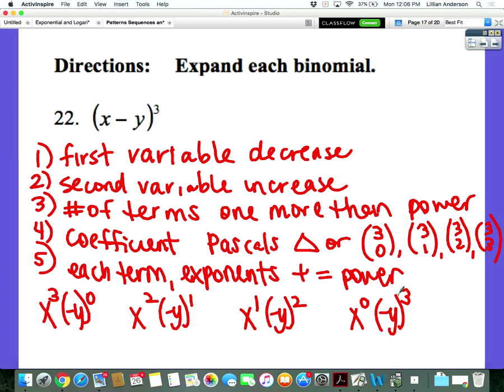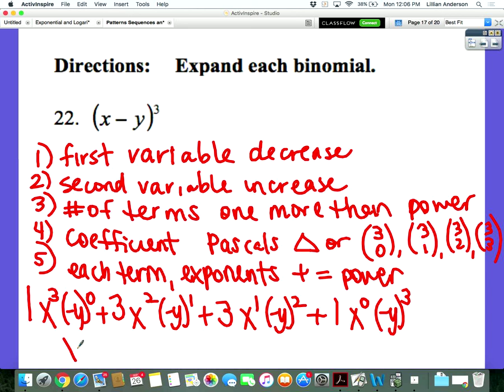Now, there's a reason why I put this in parentheses, because I don't want to forget about the negative when I'm raising it. If there was a coefficient, the coefficient is also being raised to whatever power the variable is being raised to. And if you notice, 0 and 3, 1 and 2, 2 and 1, 3 and 0, they all add up to 3. And then your coefficients, Pascal's triangle says 1, 3, 3, and 1.